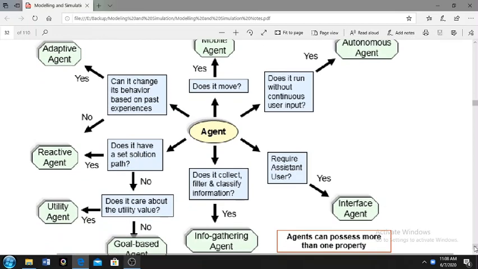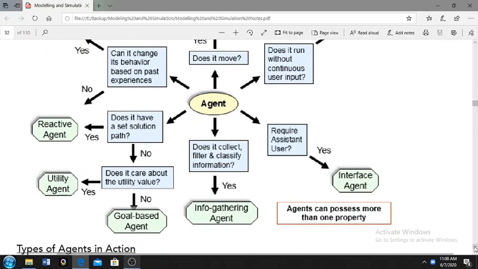Let's say interface. Requires a system user interface agent. Software is an example of an interface agent, because it has an interface which is a bridge between the user and the internal of the system. Info gathering.